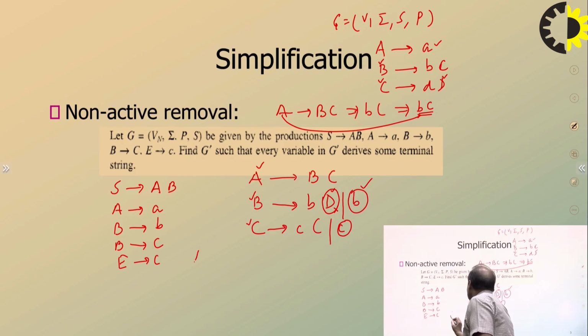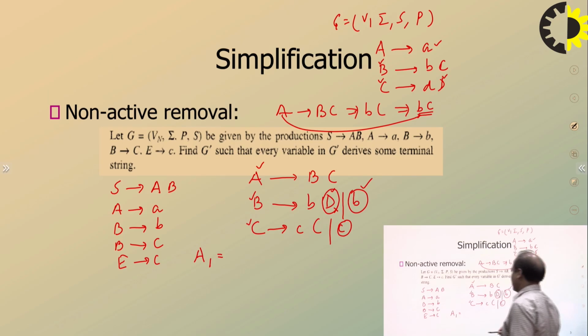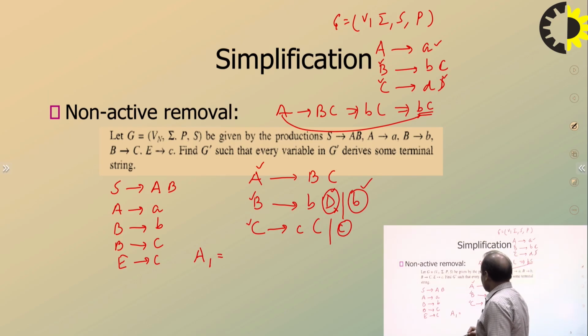Let A1 be the set of active variables. Algorithmically, find the variables which derive a terminal string in the first attempt. A is deriving a terminal string, so A is an active variable.